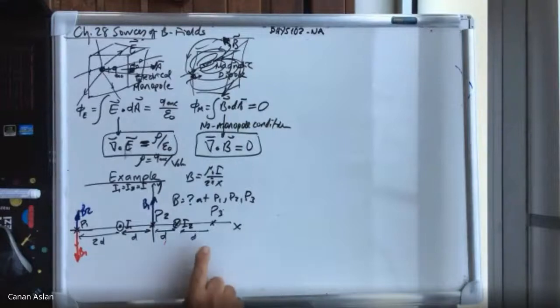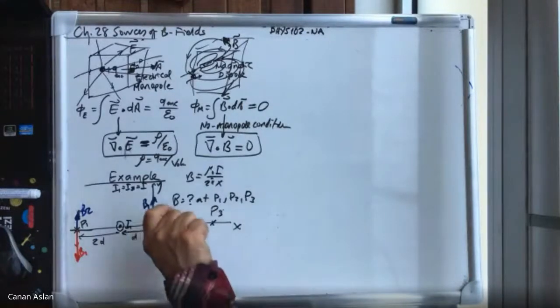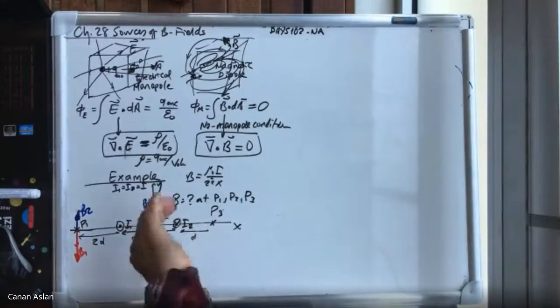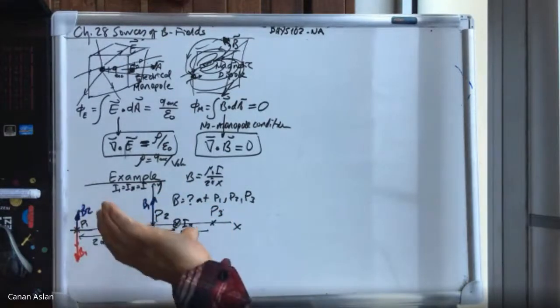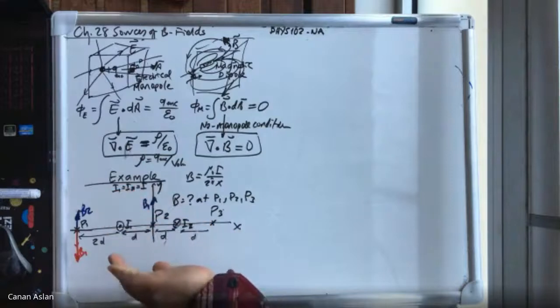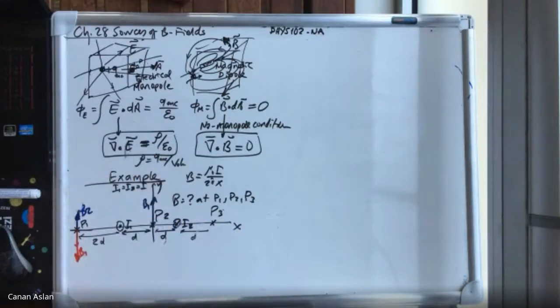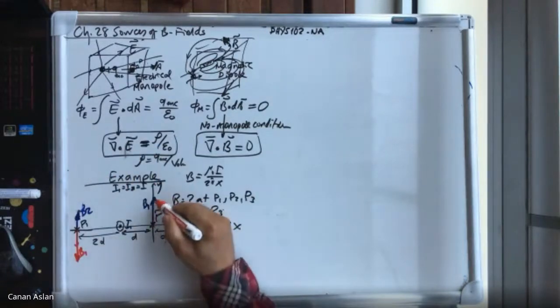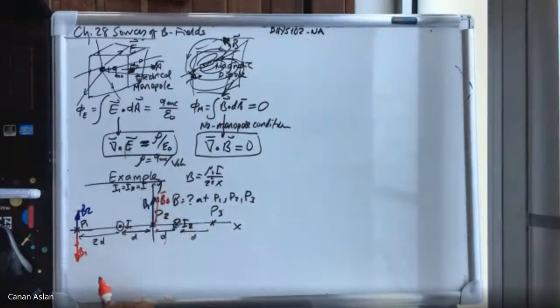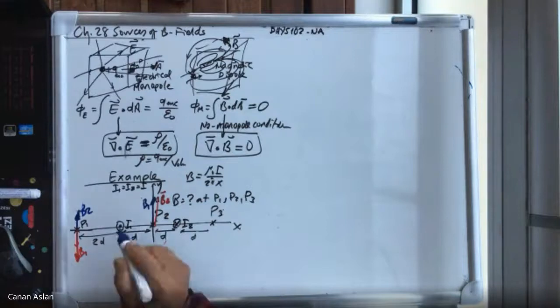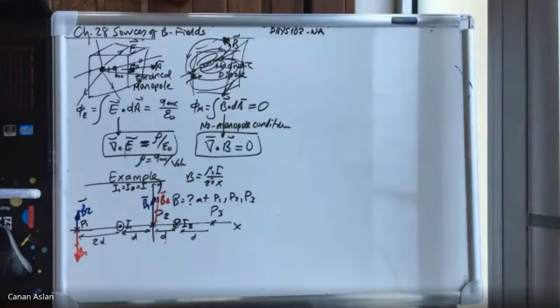But for this one, if the current is going down, again, if you put your thumb down, your fingers will show again the positive y direction. So B2 will also be in the same direction. So we put the vector signs there.